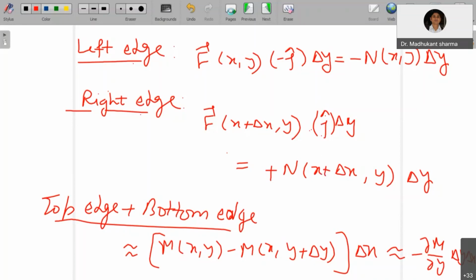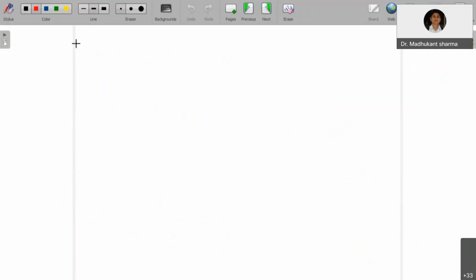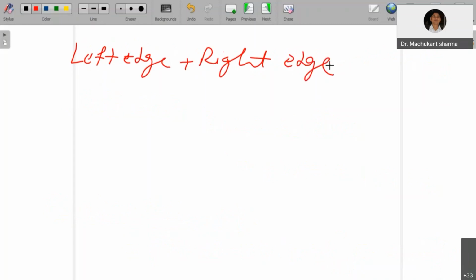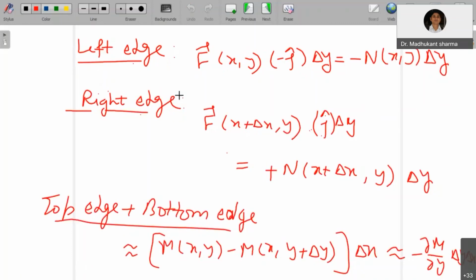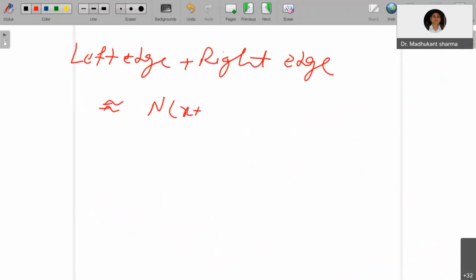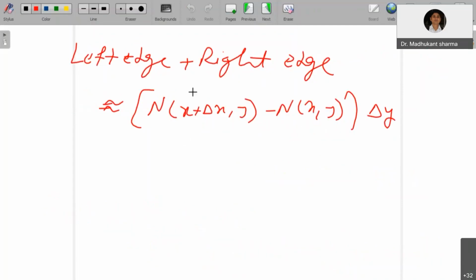So if you go with the left side plus right side, it is approximately N of x plus delta x comma y minus N of x comma y, times delta y. That can be further approximated by dou N by dou x delta x delta y.